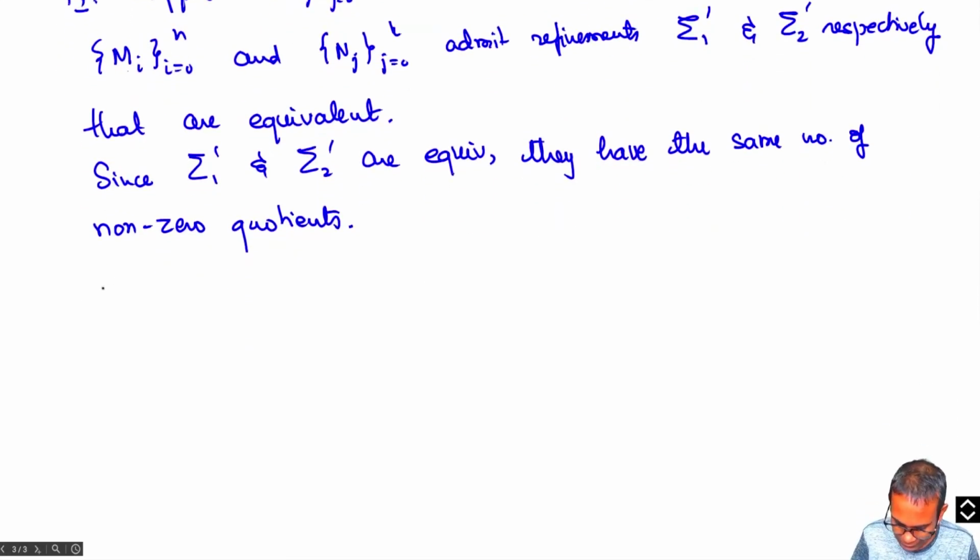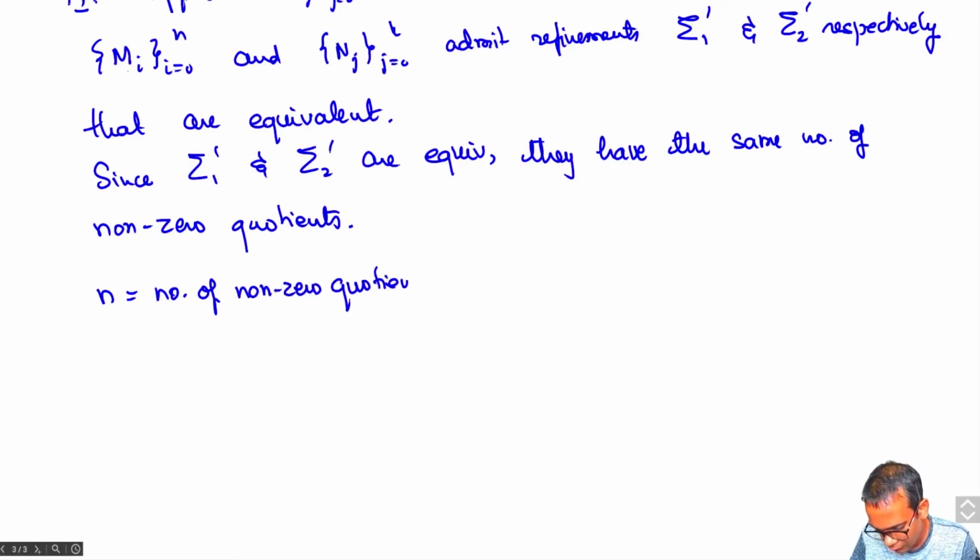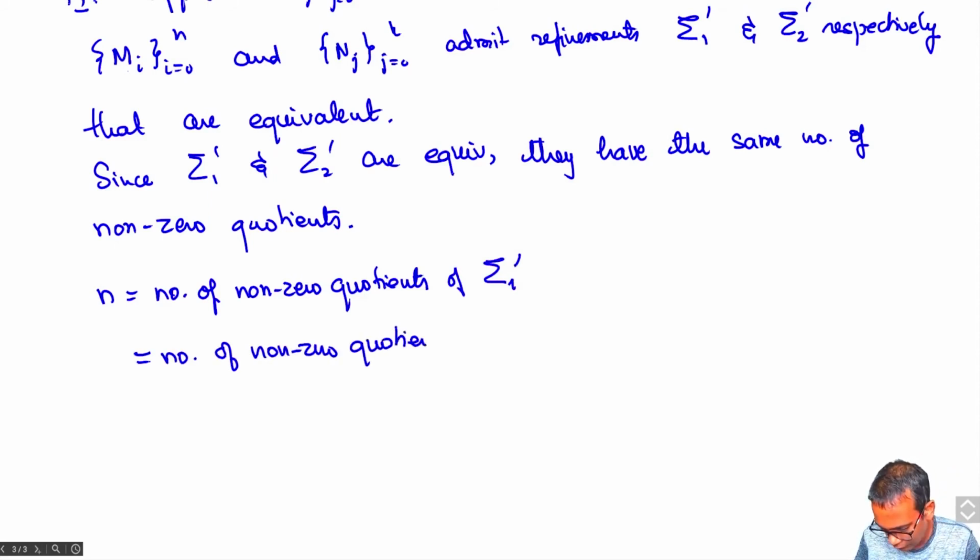So now what we have is n is the length of the composition series Mi, so it's the number of non-zero quotients of sigma 1 prime, and that's equal to the number of non-zero quotients of sigma 2 prime, but that has to be greater than or equal to k, because sigma 2 prime is a refinement of Nj, and so k has to be less than or equal to n.